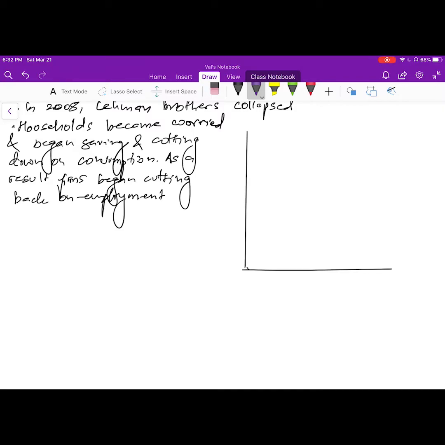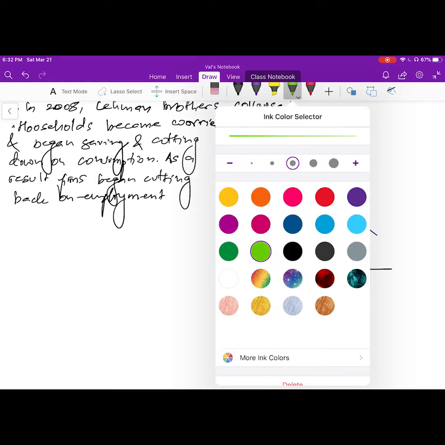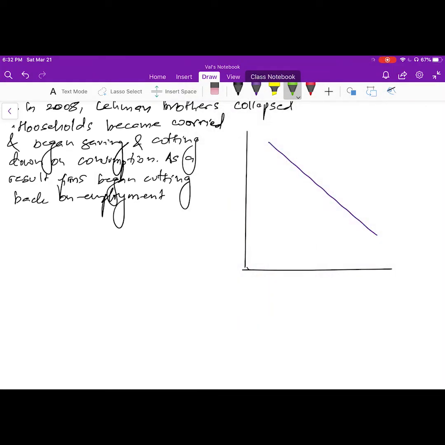So let's say this was the original IS curve. Let me do that again. And this was the monetary policy curve.